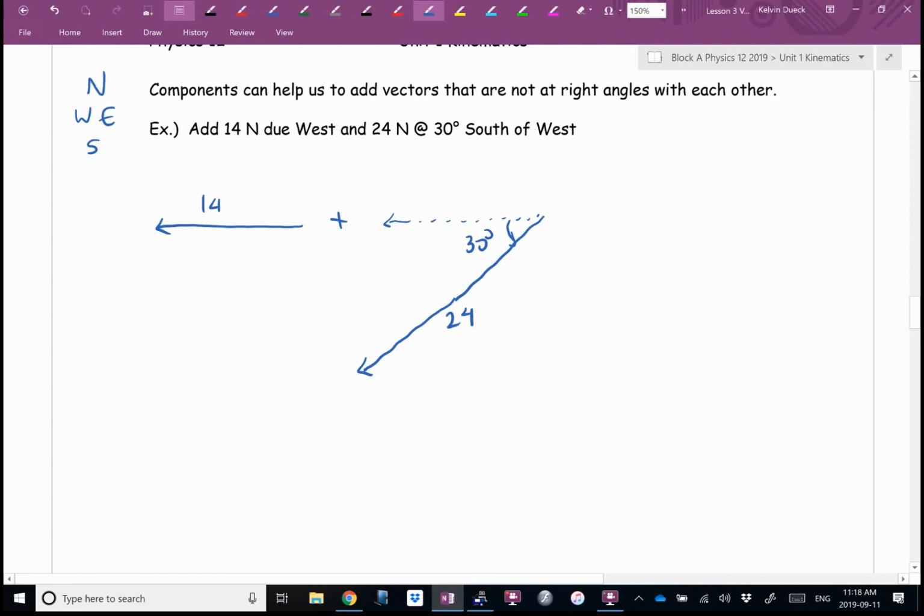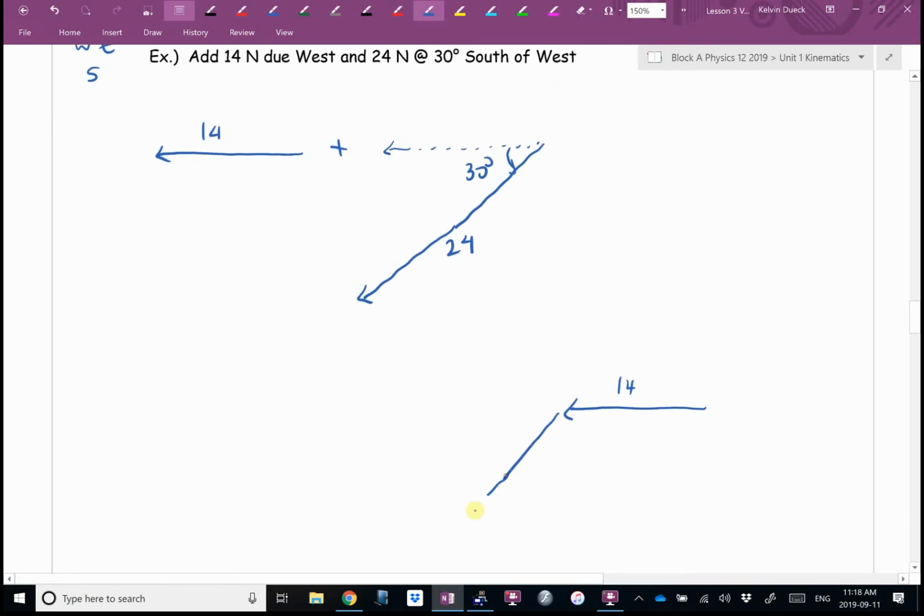Put your pencils down, look up. One way to do this would be to add these two vectors together. How do I add two vectors together? Draw them. And so it would look like this. There's the 14, tip to tail. There's the 24. The resultant goes from the tail of the first to the tip of the second. Is that a right-angled triangle?